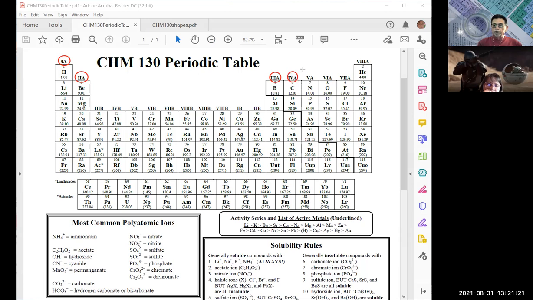Roman numeral 4, and then V, which is 5, VIA, VIIA, and then finally VIIIA, which is 8. Okay, those numbers are very important.